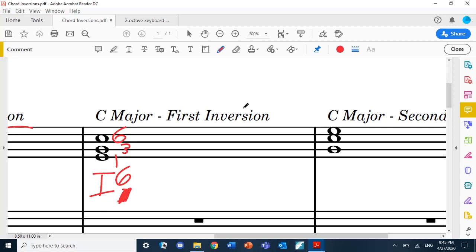Okay, I'm sorry, that's not working the way I thought it would. We can just mark this with the 6. Sorry about all that marking up. I'm still learning how to use this program. So a first inversion chord is a 1, 6 in this case.